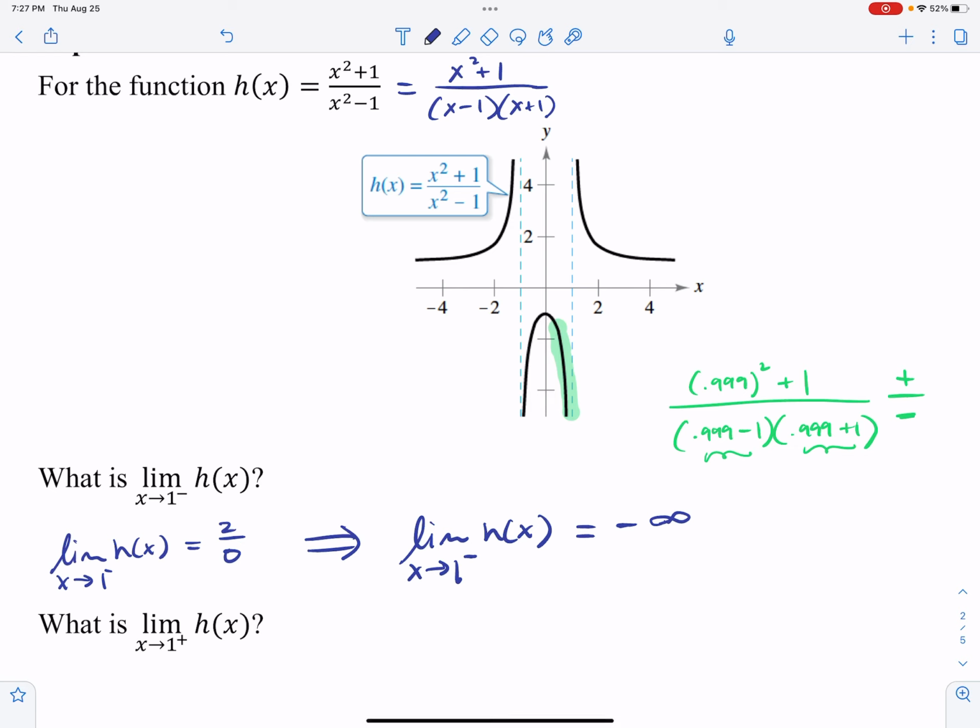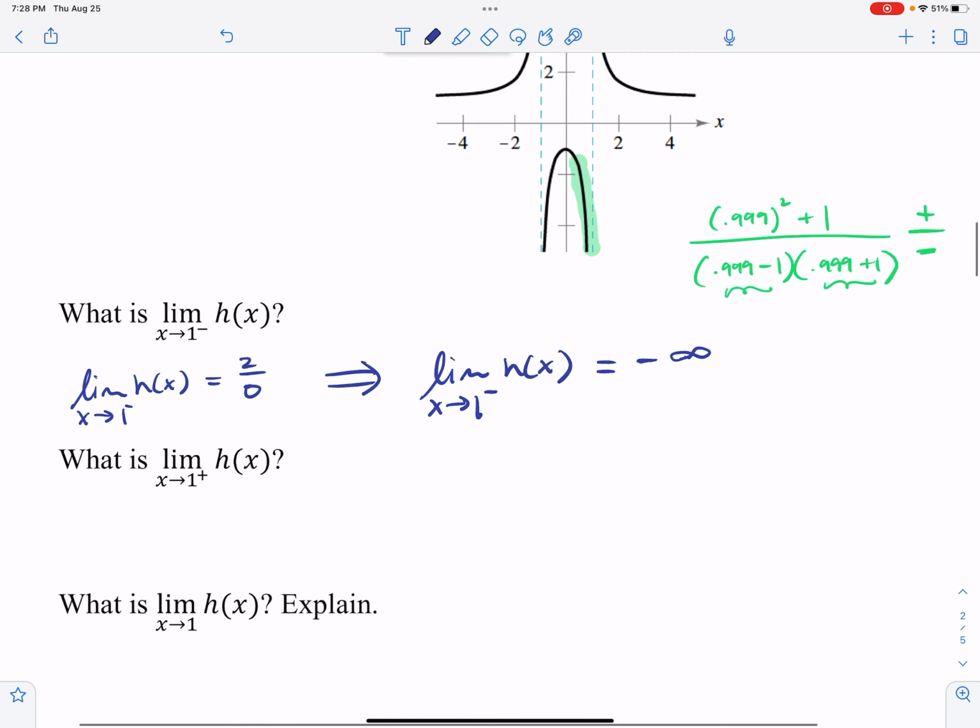And we knew that it was either going to be approaching positive or negative infinity when we tried direct substitution in the first place, and we got a number not equal to 0 in the numerator and 0 in the denominator. Okay, so same thing happens for as x approaches 1 from the right.